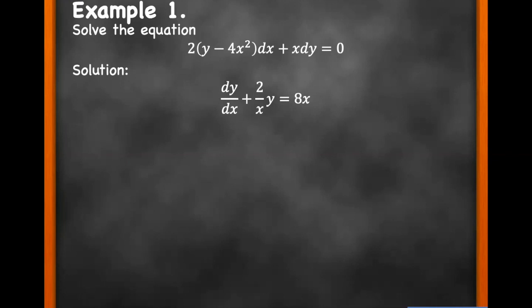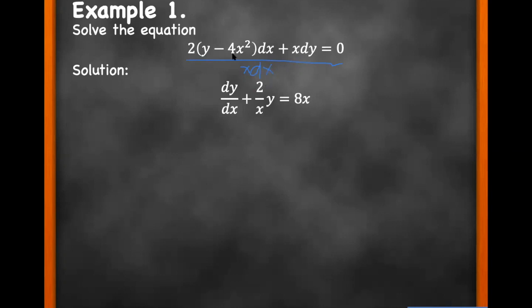How? Basically, we divide both sides of this equation by x to eliminate x in this part of the equation. And then divide by dx so that we have dy over dx in the equation. So dividing both sides by x dx, we have 2y over x, minus 8x squared over x dx.